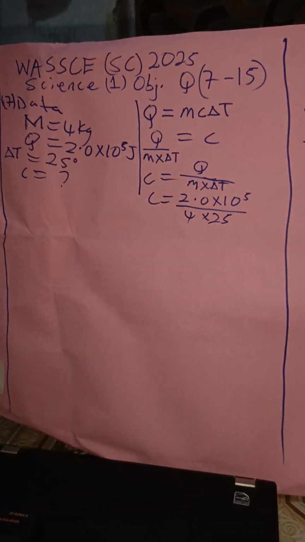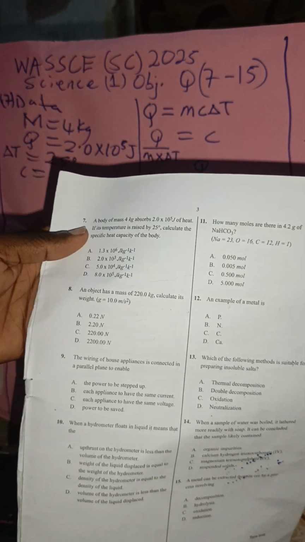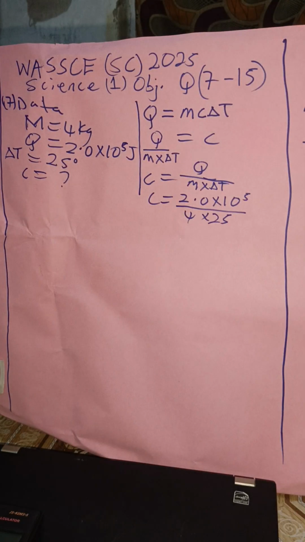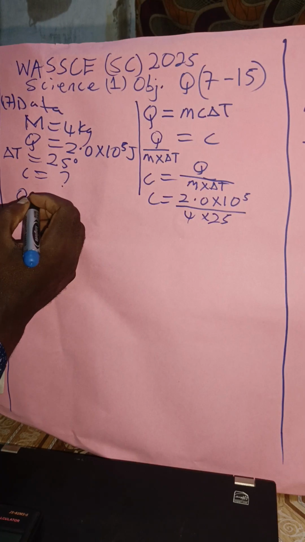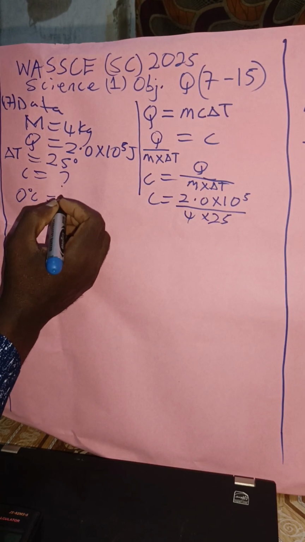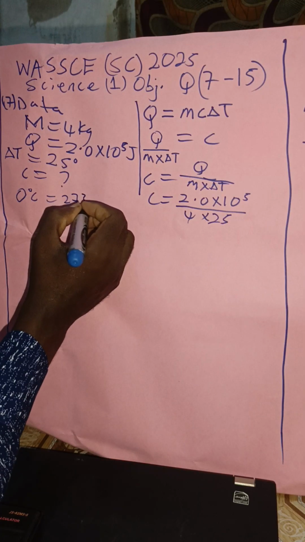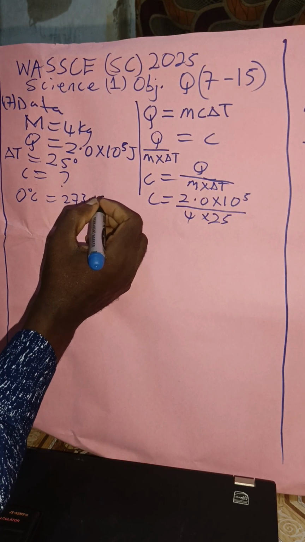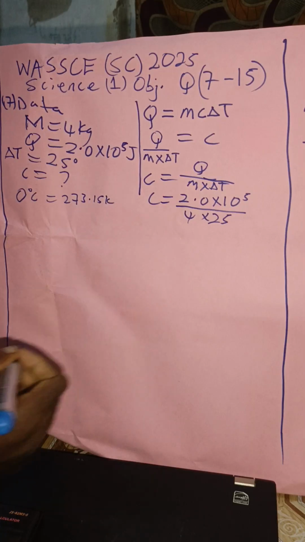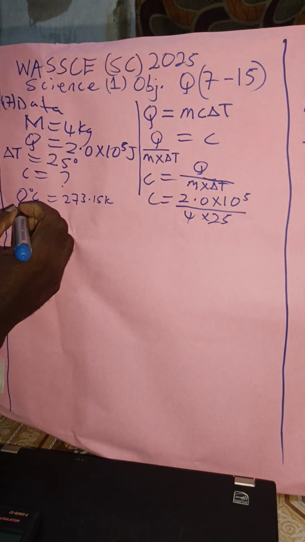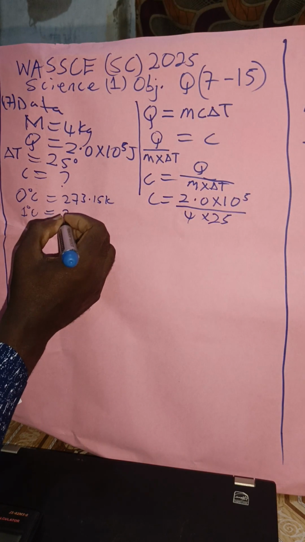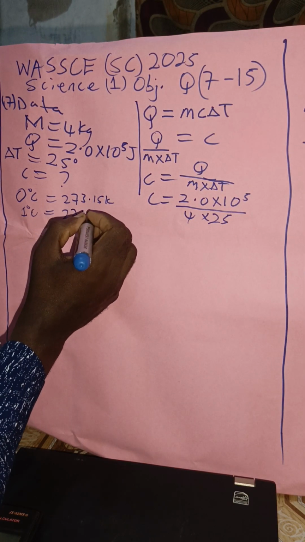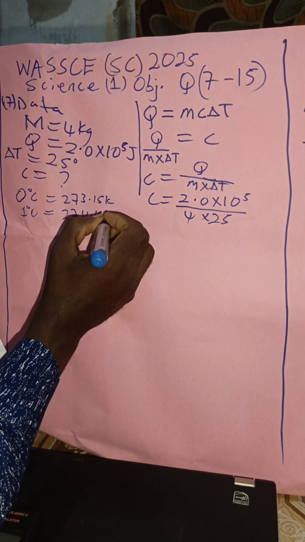Now in the options they give us the answer in Kelvin, but what we need to understand here is that 0 degrees Celsius is equal to 273 Kelvin. An increase of 1 degree Celsius gives 274 Kelvin.